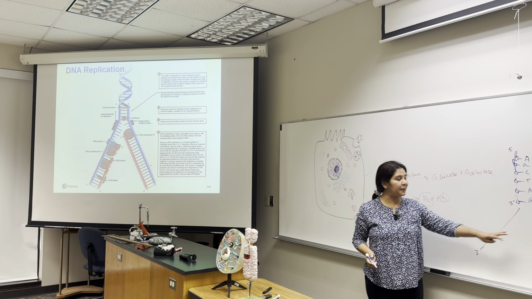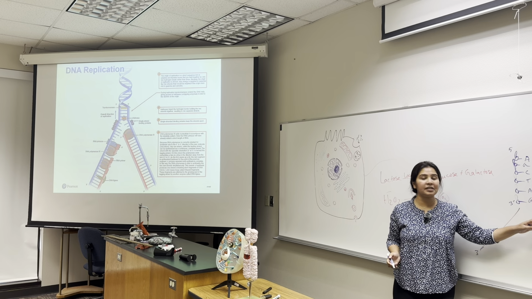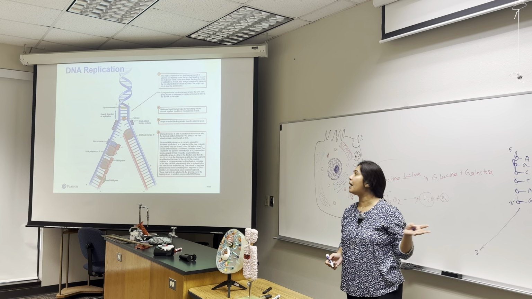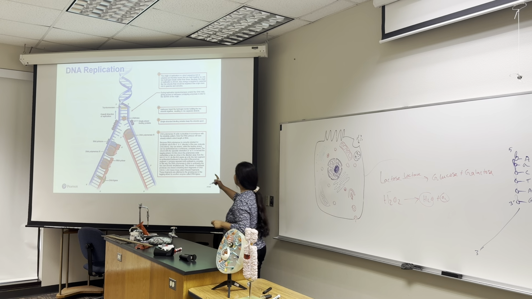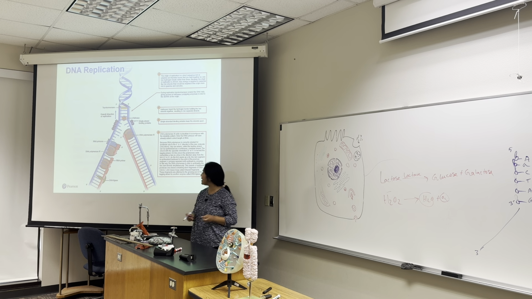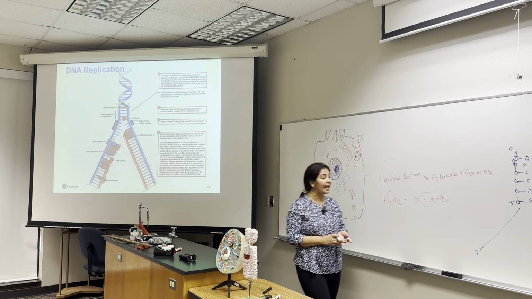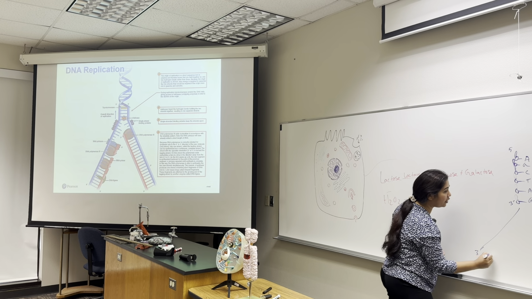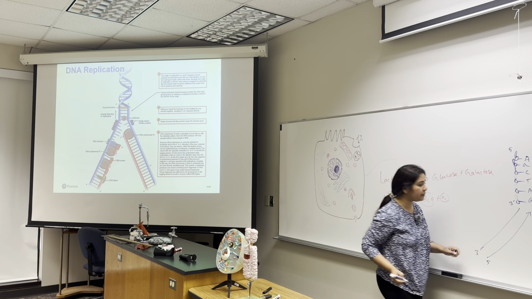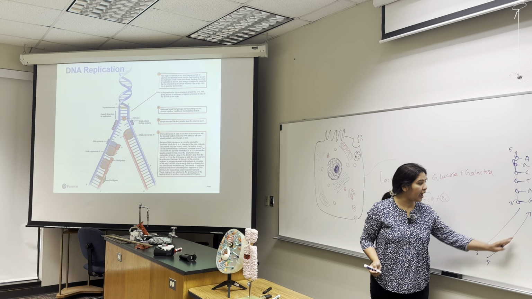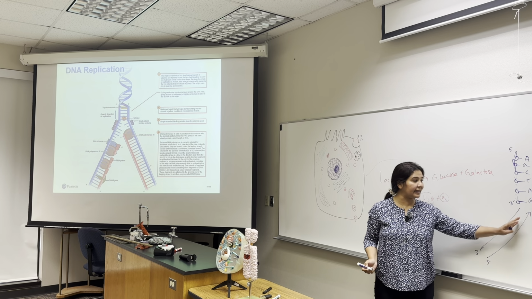When you are replicating the DNA, the replication is happening by the enzyme called DNA polymerase 3. DNA polymerase 3 can make the new DNA strand only in one direction, which is the 5 prime to 3 prime direction. So that is why you have this DNA replication.